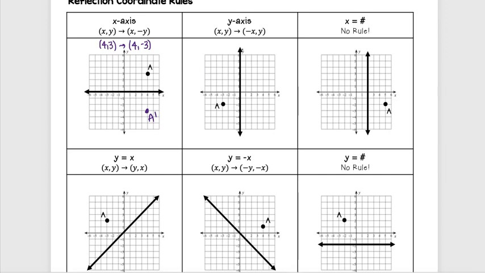Now, if I'm reflecting across the y-axis, I'm going to change what I take the opposite sign of. So for this point, I have (negative 3, negative 2). Now when I reflect that, I'm going to take the opposite sign of x. Since this one was negative, now it becomes positive. And then y stays the same. And so I see that (3, negative 2) will be right here.